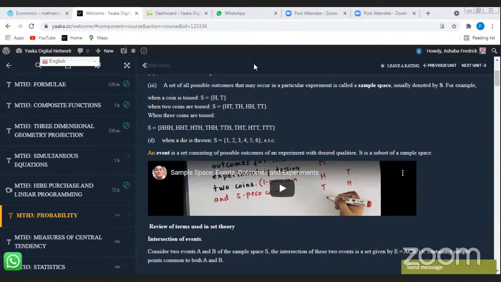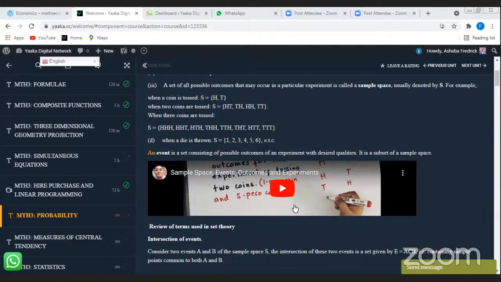There are some games which I normally see people playing, but I've never played them, but they are mathematical. So with that die, come and watch this video here. It is talking about sample space, events, outcomes, and experiments.